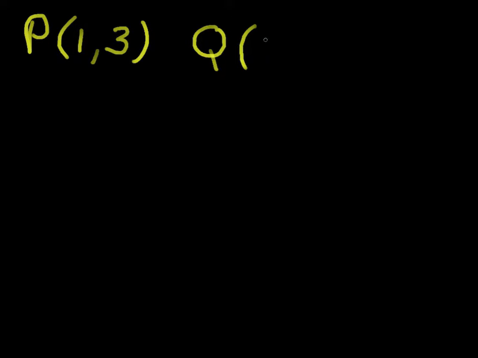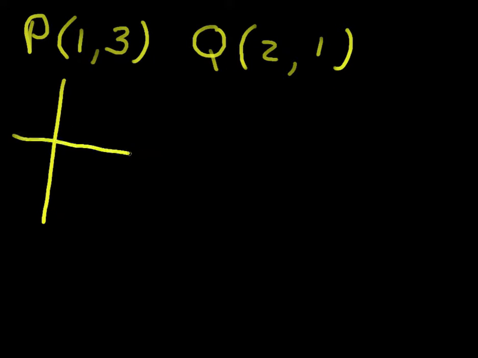So let's compute the slope of a line between 2 points. Let's say between the point P, we'll call, I don't know, 1, 3, and the point Q, 2, 1. So we can draw the graph of what this looks like.